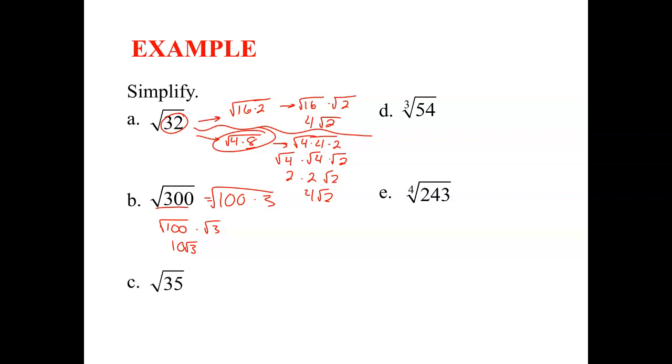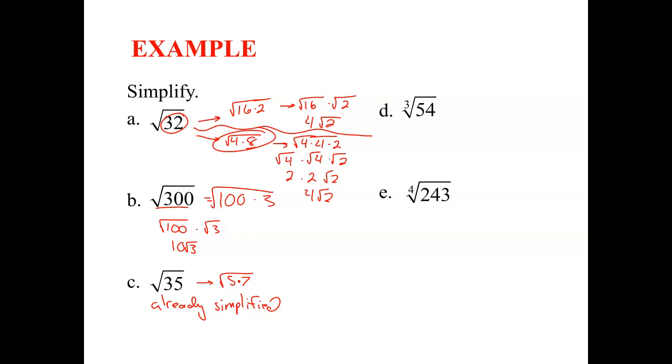All right. What are my factors of 35? 5 and 7. Are either of those perfect squares? No. So that can't be simplified any further. Already simplified. There's no factors of 35 that are perfect squares, so there's nothing I can do with it.